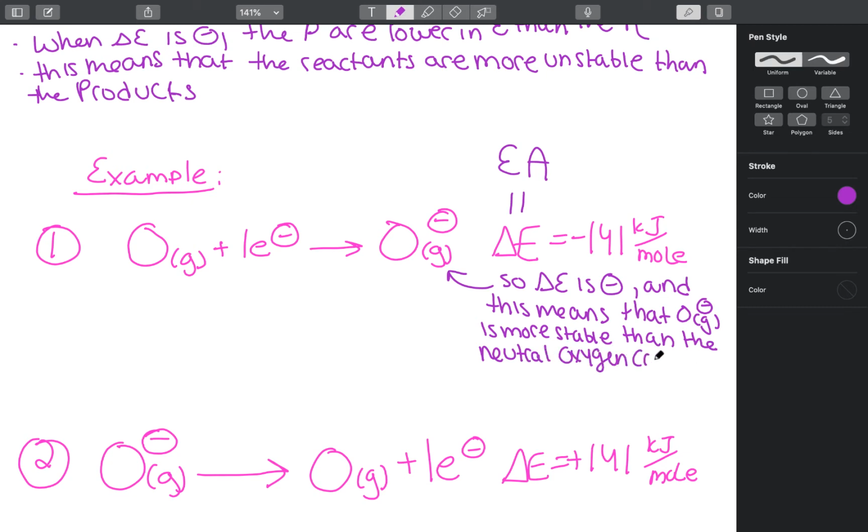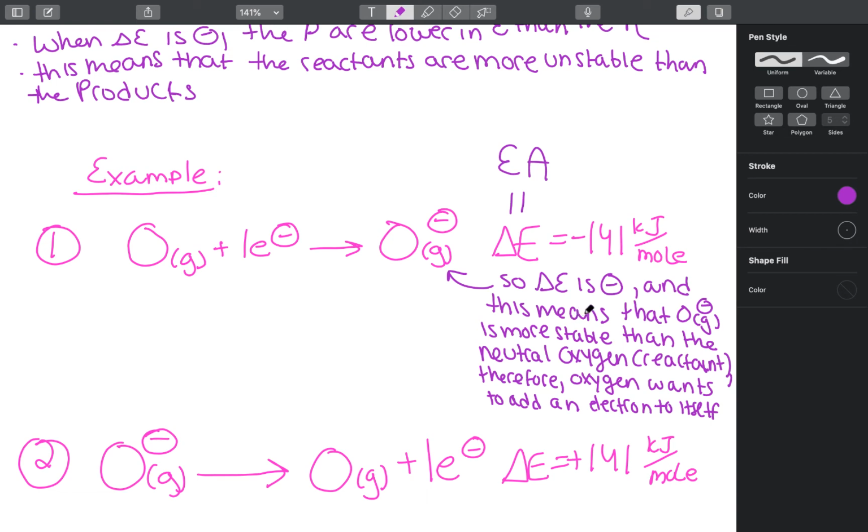So this is the reactant. And therefore, oxygen wants to add an electron to itself. So this negative delta E is telling us that oxygen wants to add an electron.